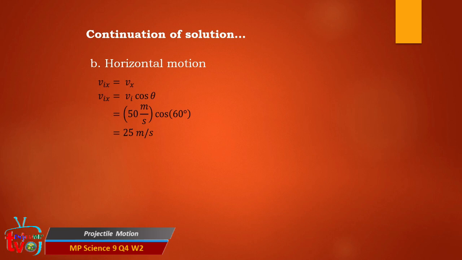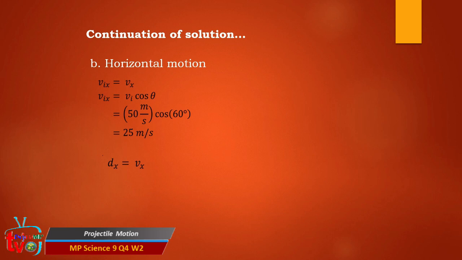V sub ix is equal to V sub i cosine theta. Substituting the given, we have 50 meters per second, which is the velocity, times cosine 60 degrees. That will now give us the velocity, which is 25 meters per second.